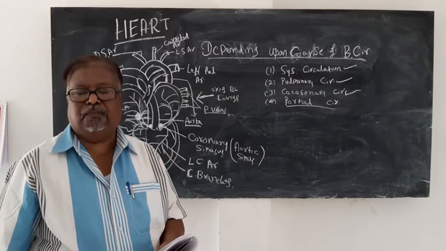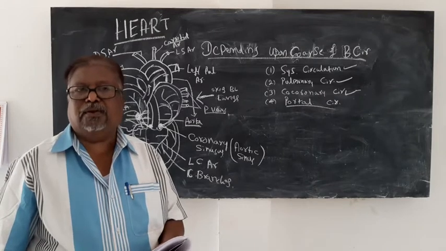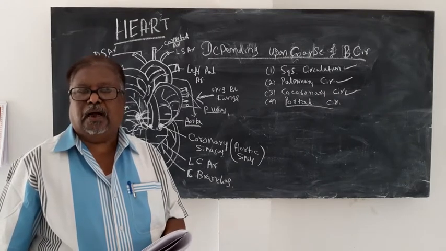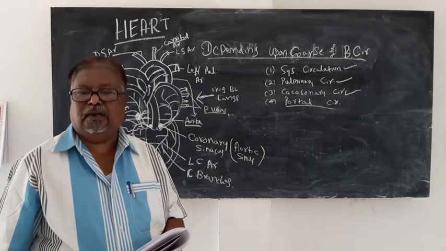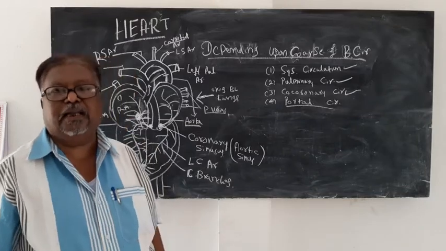All the veins should go back to the heart and pour the venous blood inside the heart.